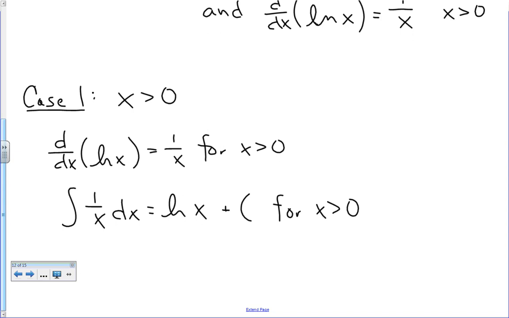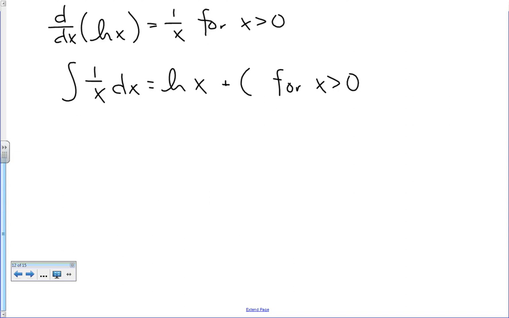Okay, working on the same domain. That's the extra piece of that property we were just looking at on the previous slide: you have to have the same domain that you're working with. So that's the easy case. If x is greater than 0, just from the definition and our second form of the fundamental theorem, we know this is true. We're just restating what we wrote down a second ago.